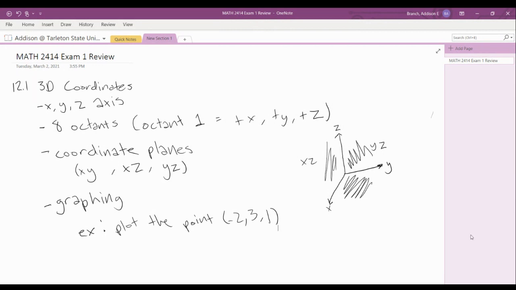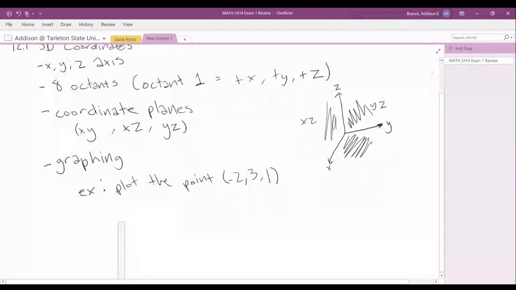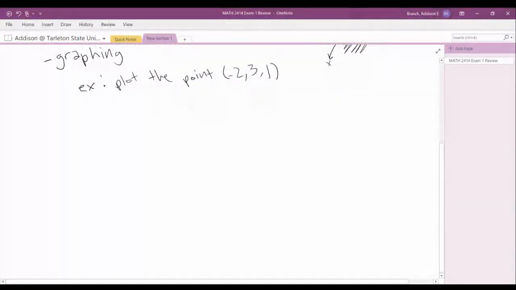What we're going to do is first draw our X, Y, and Z axes, or our graph. Typically our Z is going to go up and down.